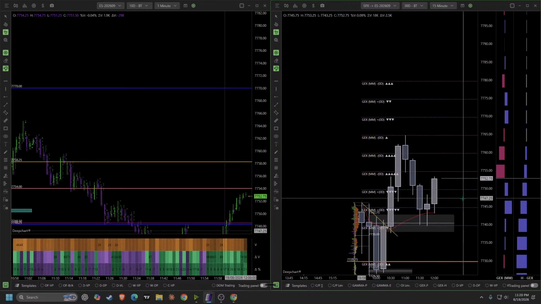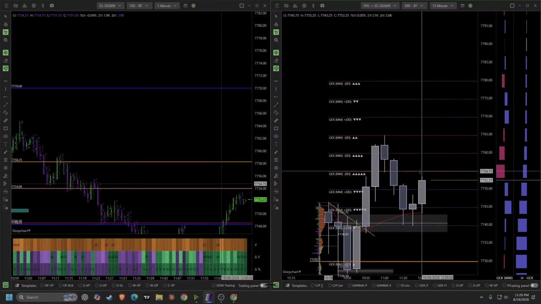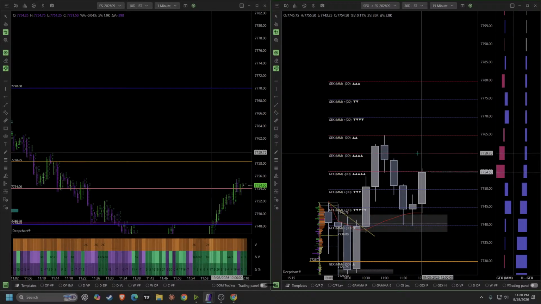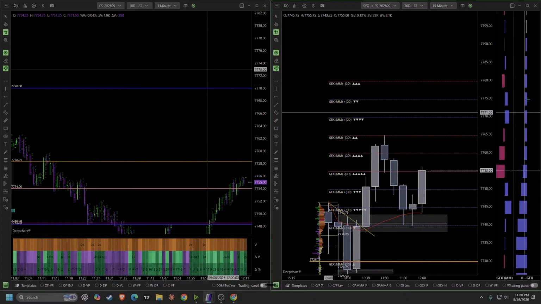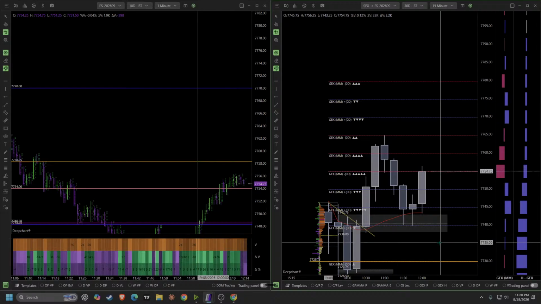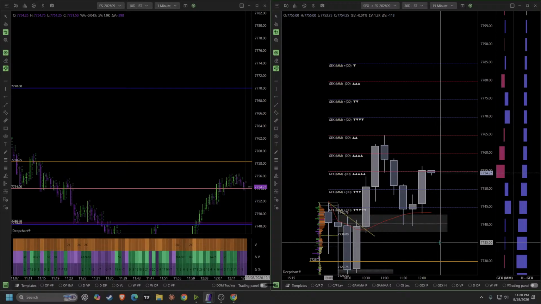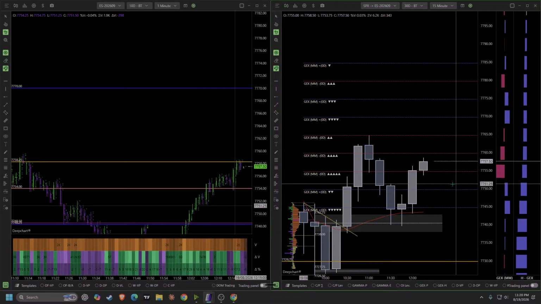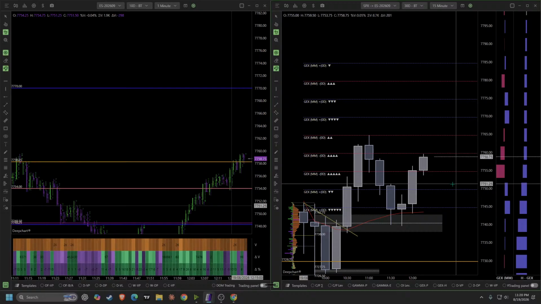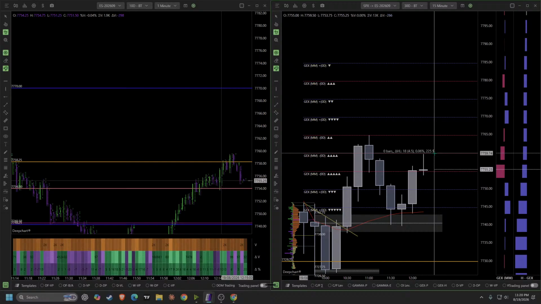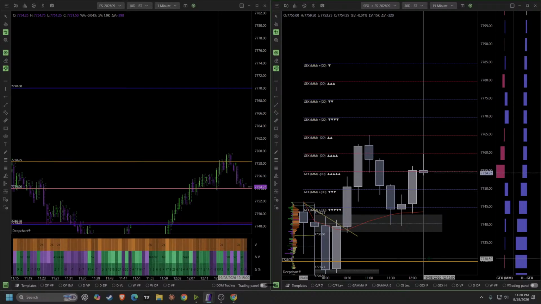Return back up. Again, remember, if we break through here, we're likely to continue to impulse higher at a faster rate, more acceleration, less slowdown. Another 4.5 points.